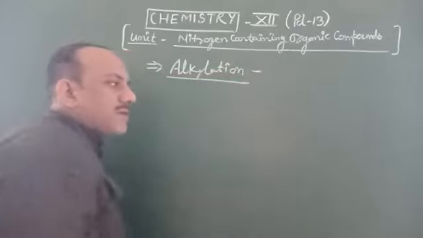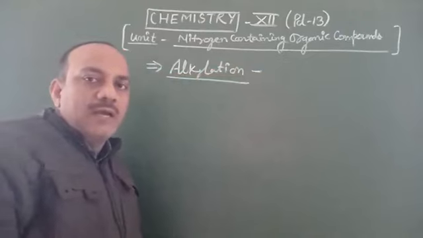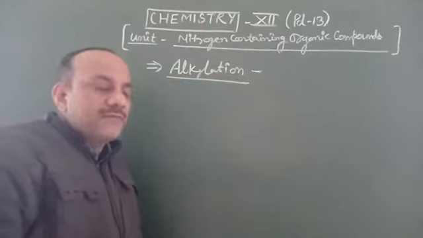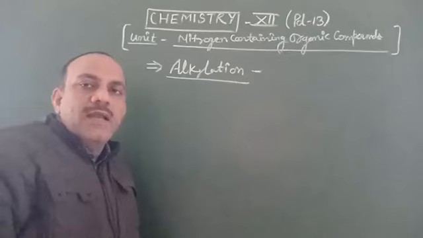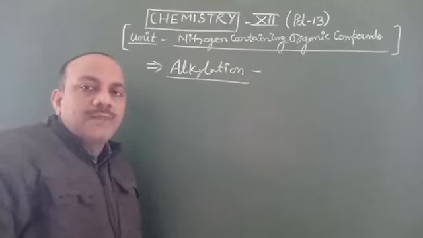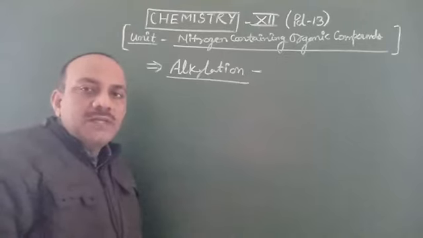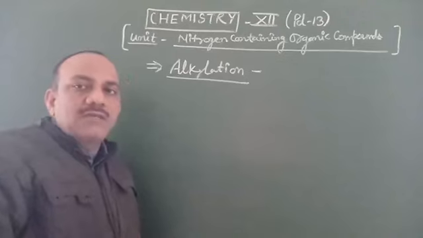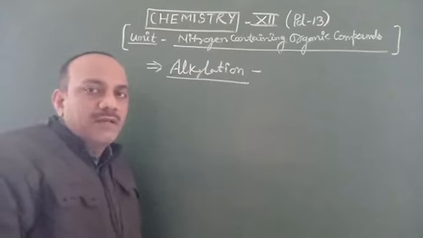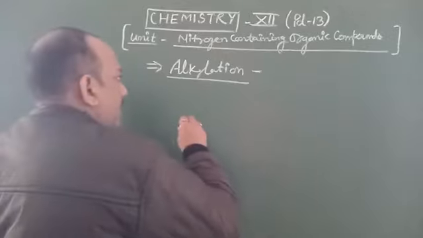In this chemical reaction, aniline, also named aromatic amine, reacts with alkyl halide to form primary, secondary and tertiary types of amines, and finally it makes a quaternary ammonium salt. So it is totally based on the substitution type of chemical reaction. So now we take the chemical reaction for proving alkylation.